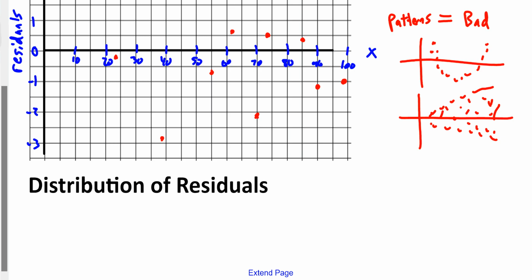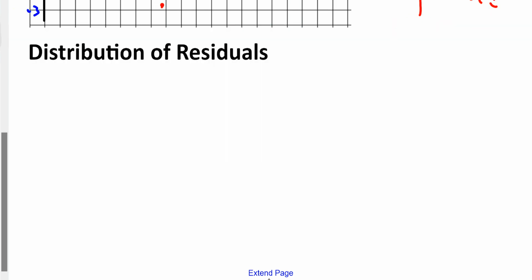So we can see if there's any normality to it, or if there's any clear skews or outliers. Like if we have a residual that's way like a -10 and the rest of them are all in the -3 to +3, then that's probably a clear outlier. That's usually not great. We don't want any clear skew or outliers.